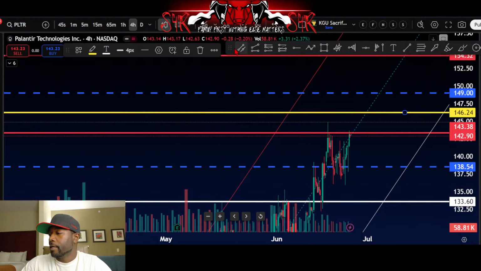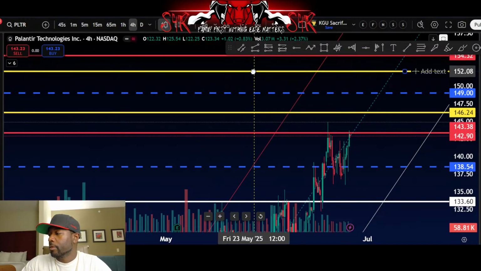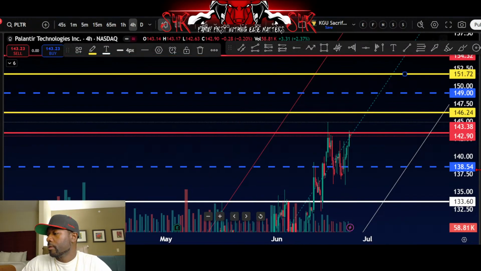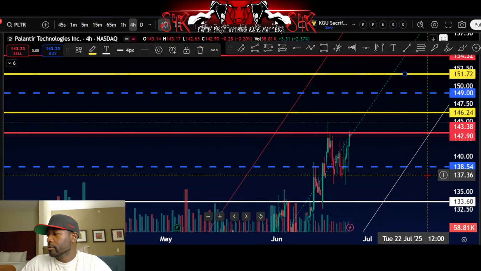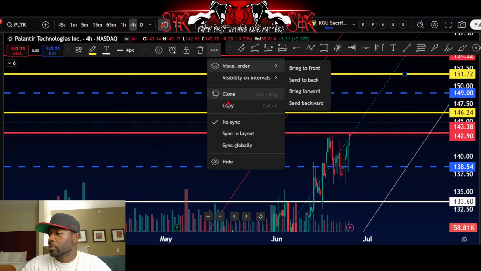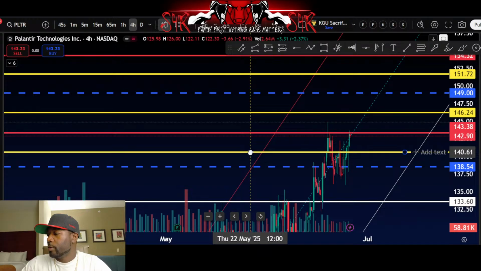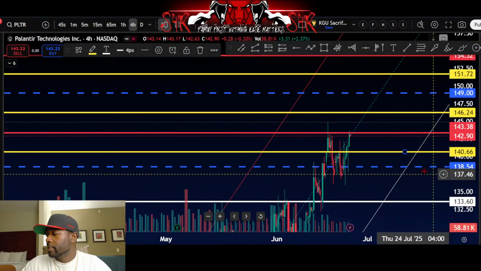I'll clone this to about there. So that's your zone. And I'll clone it again so we know what we're looking for towards the downside, and we'll see if we've got a play on Palantir towards the downside.